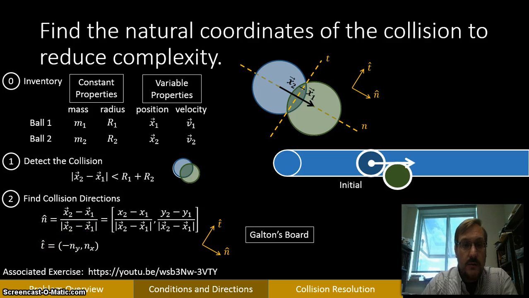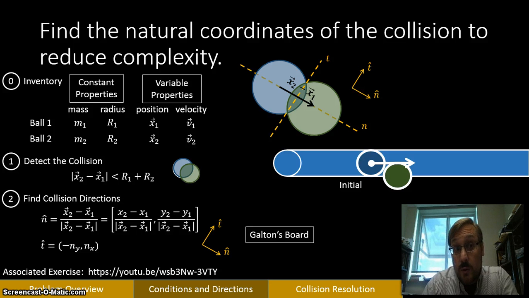And so then you have two components for that. One is the change in the x direction over the total magnitude of the vector, and the other is the change in the y direction over the total magnitude of the vector. Those two give you the components of the normal direction. And on top of that, you need the tangential components of the vector, right?